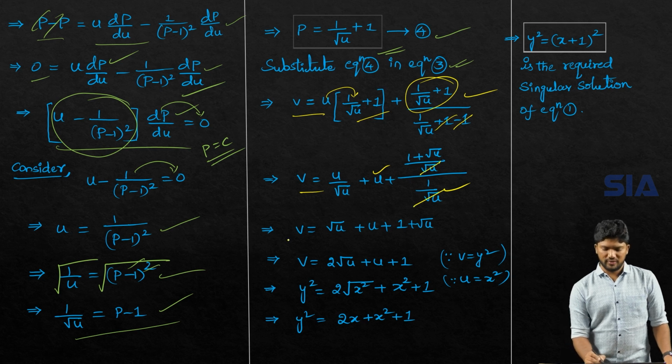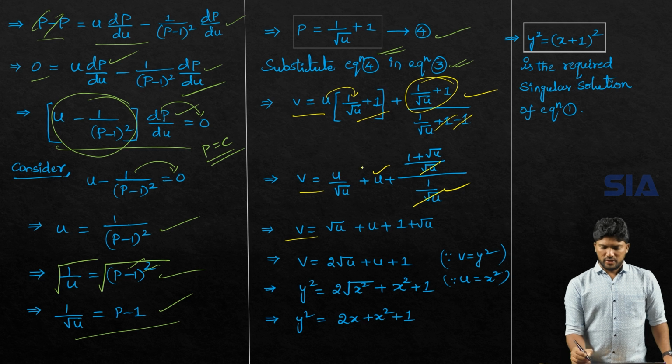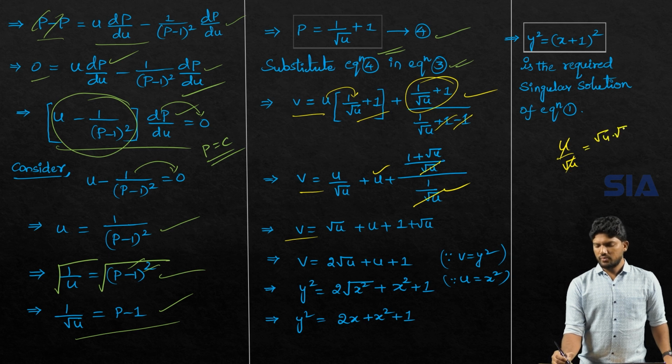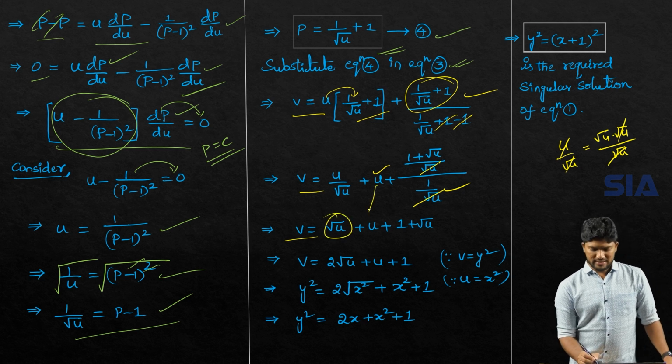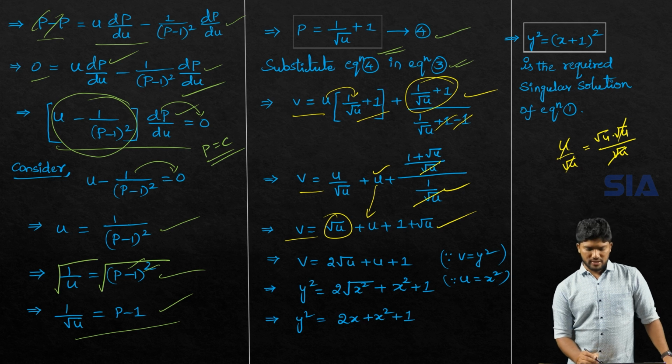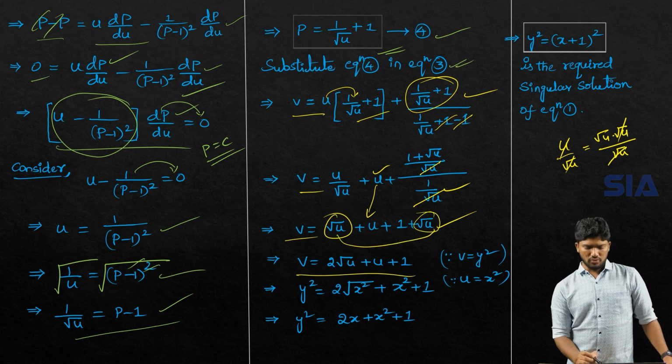So v is equal to u by root u, which is root u. One root will get cancelled, you will get root u plus u as it is plus 1 by root u, the remaining value from the numerator. Therefore v is equal to root u plus root u, that is 2 root u, plus the remaining value u plus 1.